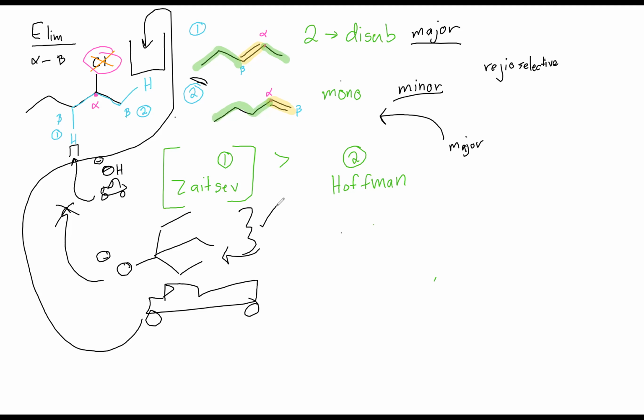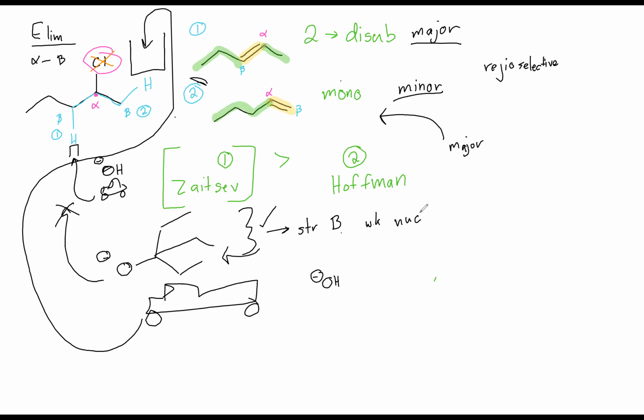Usually strong bases are also strong nucleophiles. Like OH is both a strong base and a strong nucleophile. But when we are very sterically hindered, we cannot be a strong nucleophile, and instead we will be a strong base, but a weak nucleophile. Okay? Does that make sense?